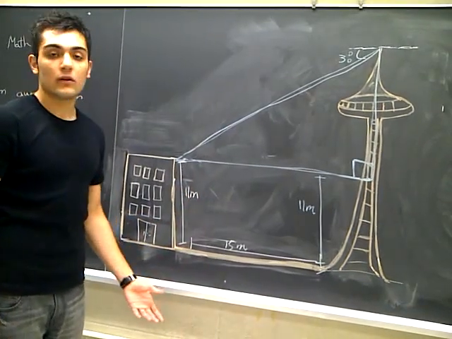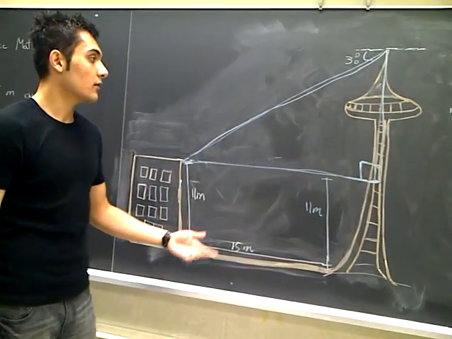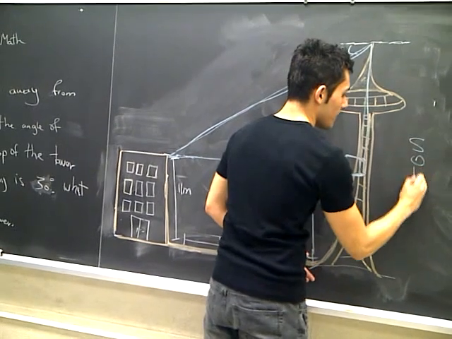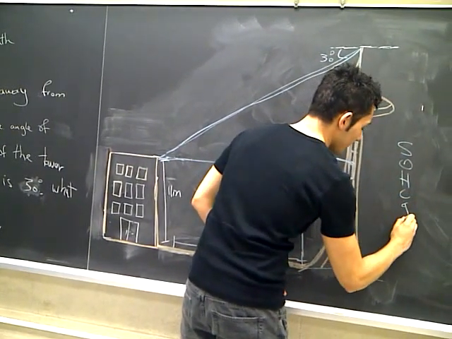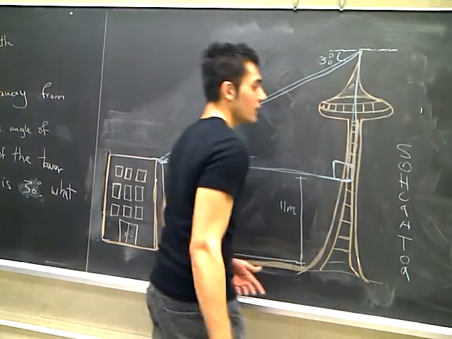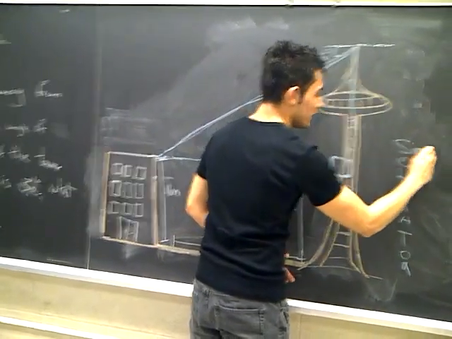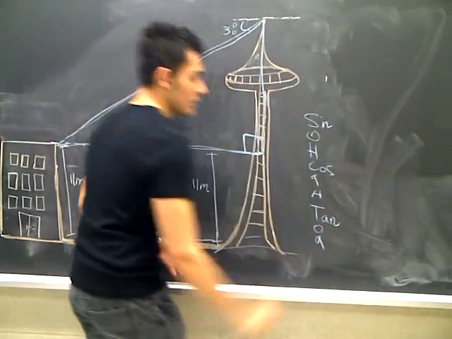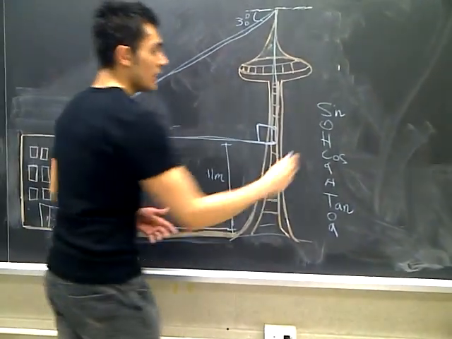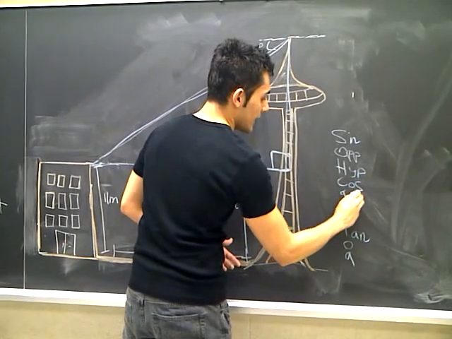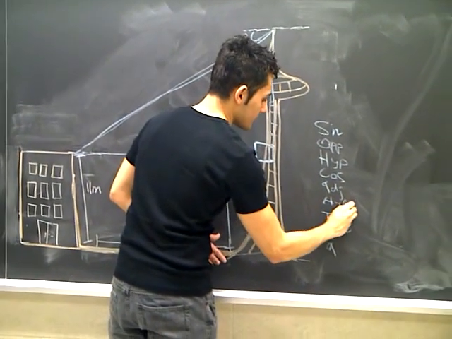Now, what rules do you know for a right angle triangle? Well, you know SOHCAHTOA. S stands for sine, C stands for cos, T stands for tan. O is opposite, H is hypotenuse, and A is adjacent.